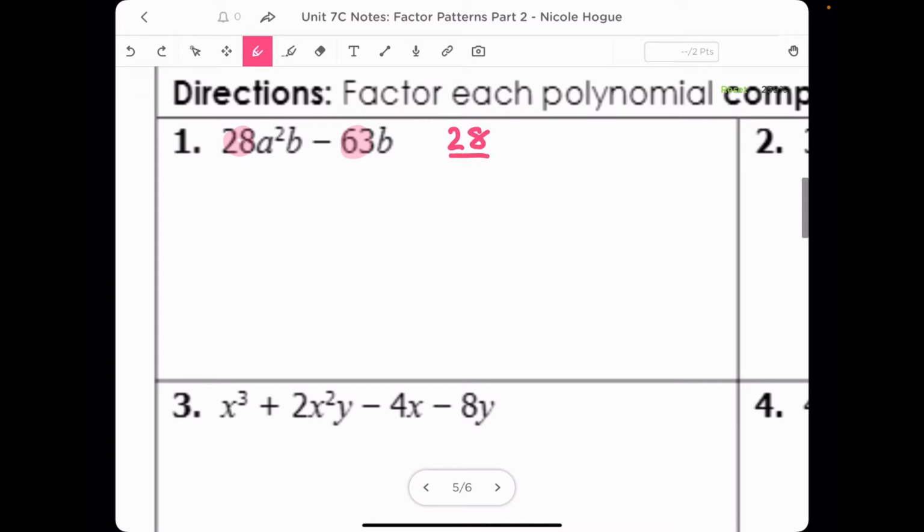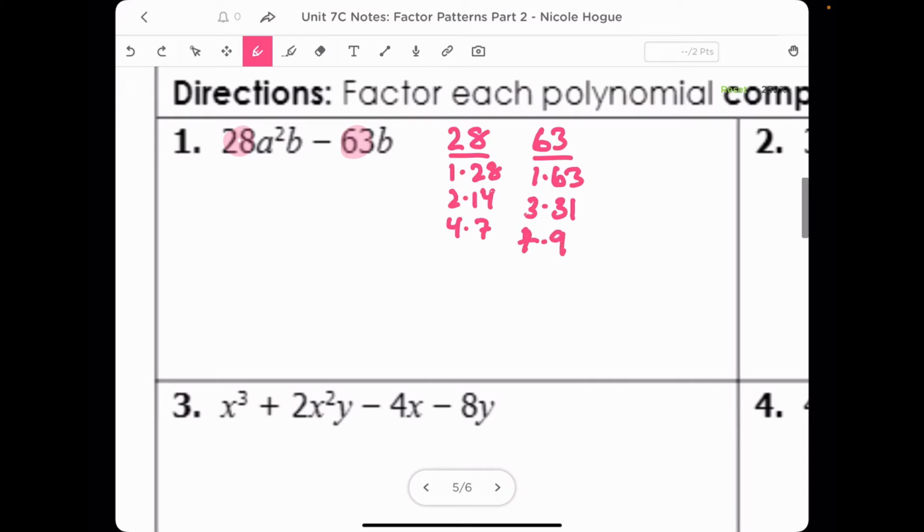So we want to determine what is the greatest common factor between 28 and 63. We know that 28 is 1 times 28, 2 times 14, and 4 times 7. We know that 63 is 1 times 63, 3 times 21, and 7 times 9.